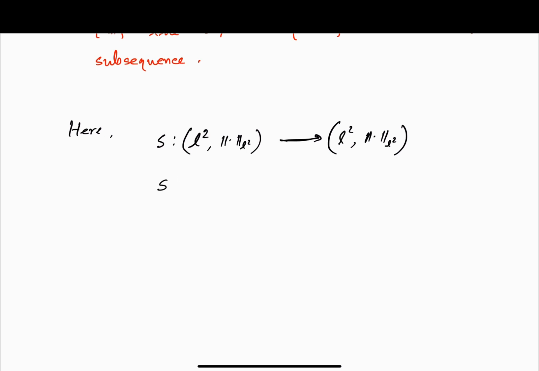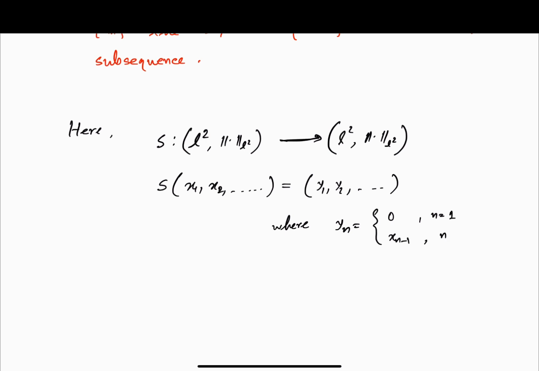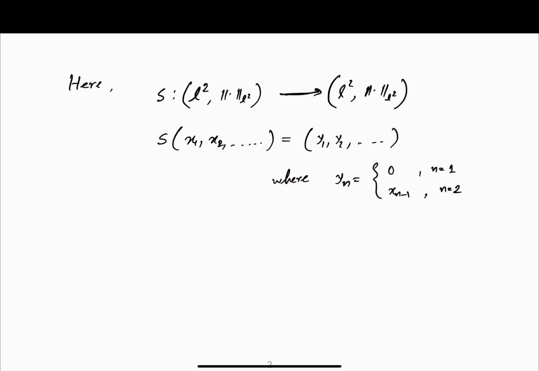It takes a sequence x1, x2, ... and maps it to y1, y2, ..., where yn is 0 if n is 1, and yn is x(n-1) if n is at least 2.